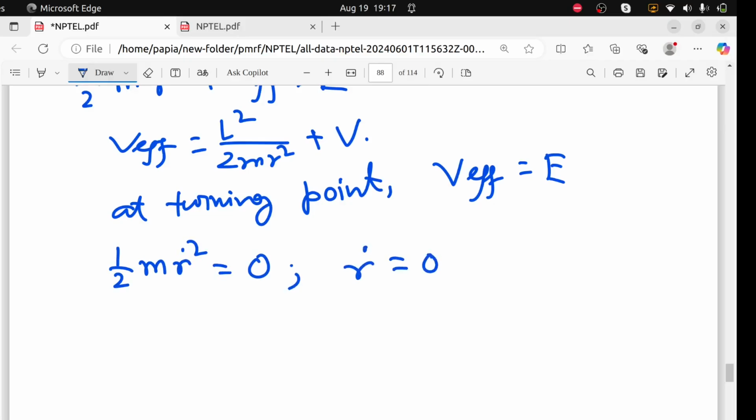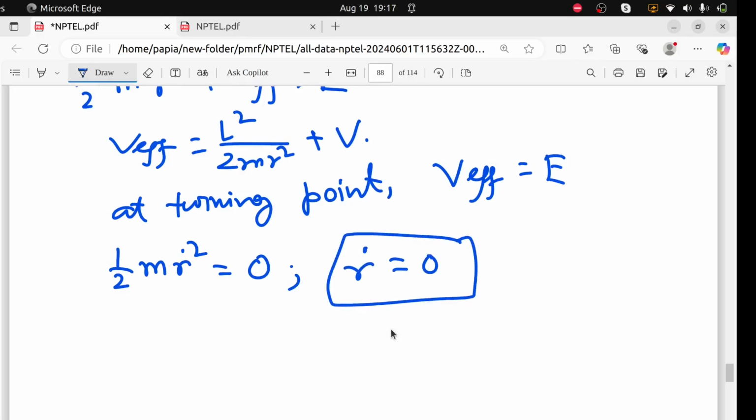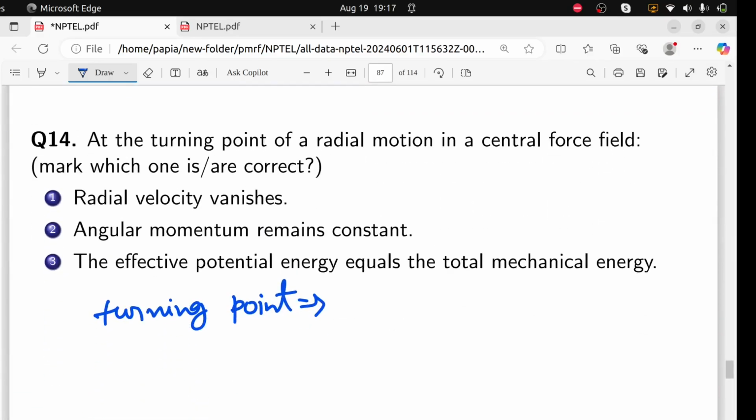That means r dot will be 0. This is the turning point expression. So radial velocity vanishes. That means r dot equals 0, so it is correct.